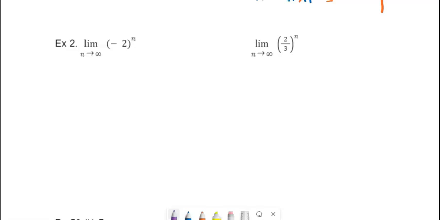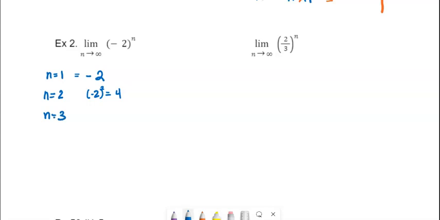Let's try another example. Okay, we're going to look at this guy. So again, let's take a look at some terms. So if n is 1, then my answer is negative 2. This time I'm just going to go in order. If n is 2, then the function is 4.